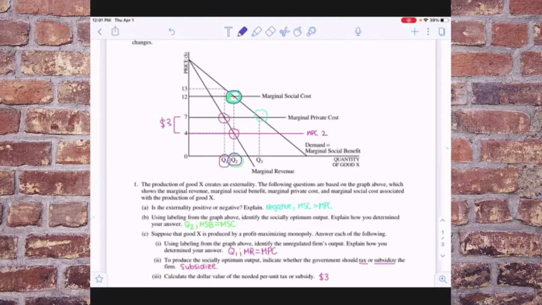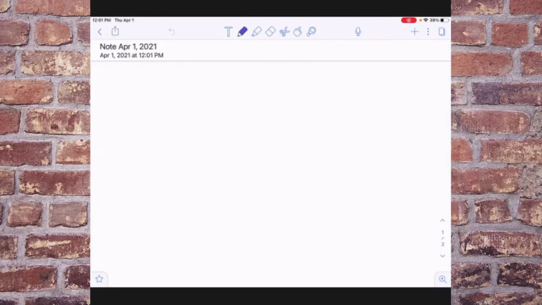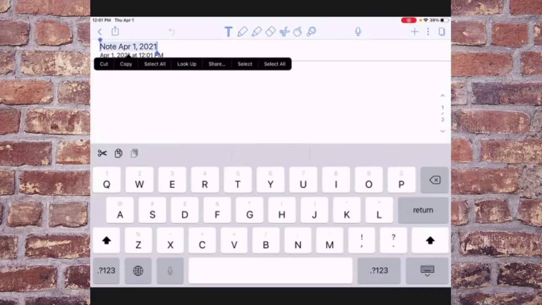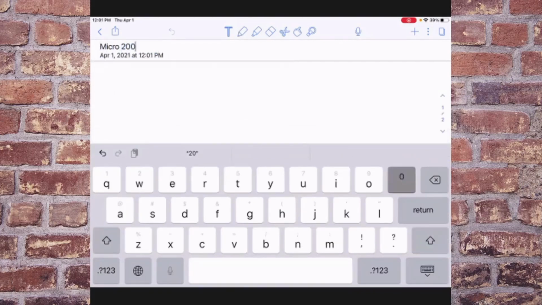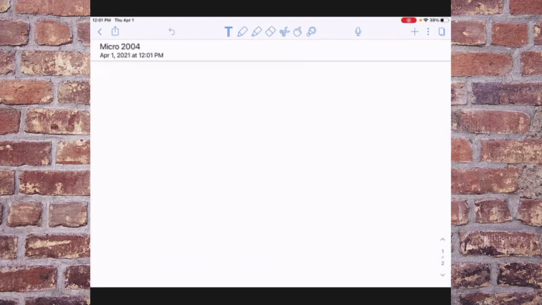All right, so if I open up a blank Notability, I'm going to just write on here Micro 2004. All right, so A, and we're going to do this in blue ink.